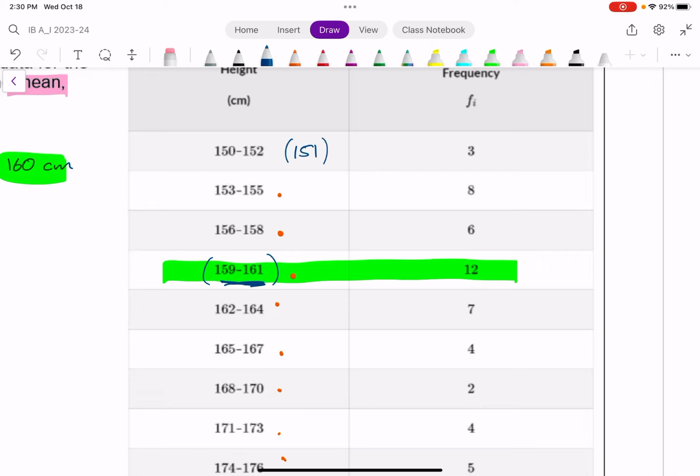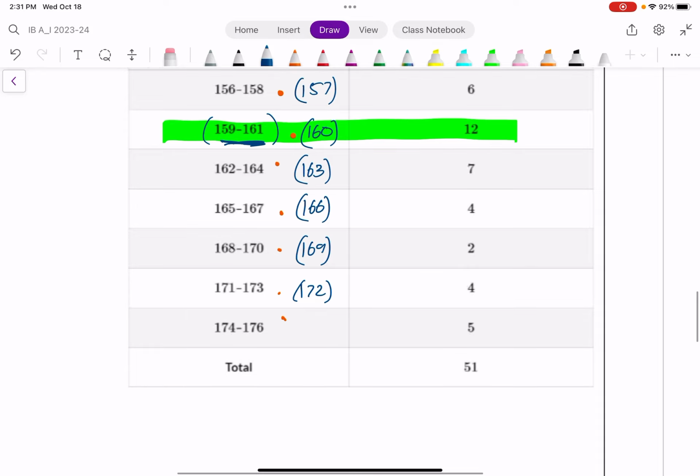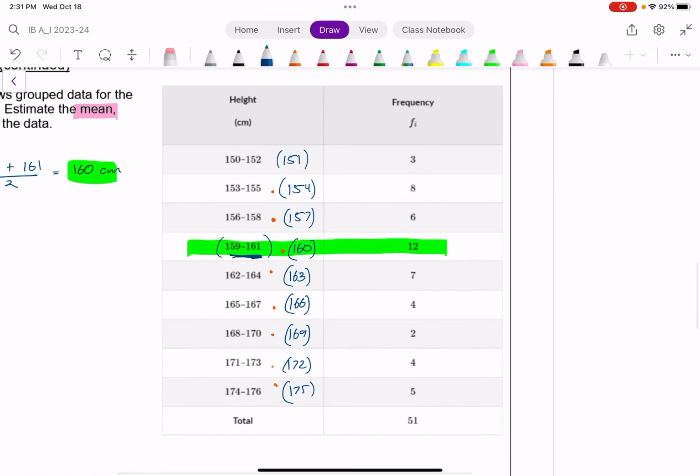So I'm going to use 151, 154 for this. Halfway between 156 and 158 is 157, and so on. So I'm writing down here all the midpoint values. 160 is a midpoint. We used that last time. 163, 166, 169, 172, and 175. So I'm using those for our estimate.